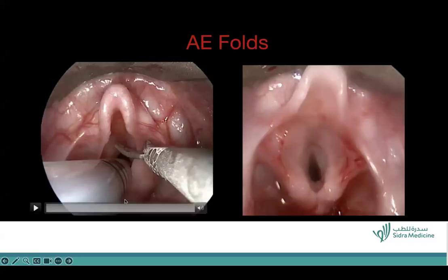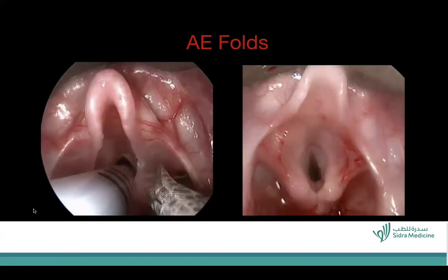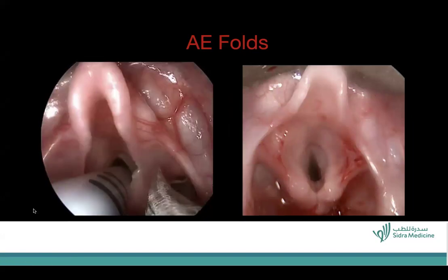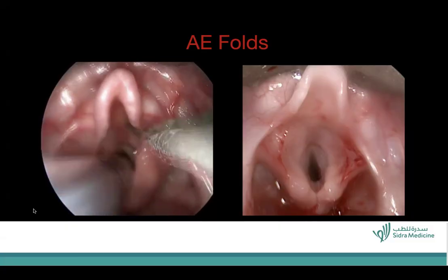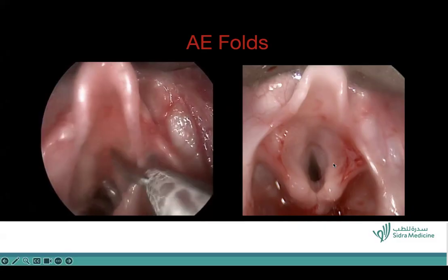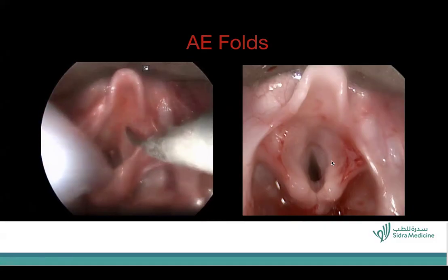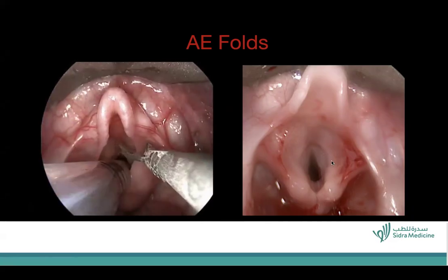So you would first release the aryepiglottic folds. This is done under endoscopy, as you see, via the mouth. And just by doing that, as you can see with the next picture, you're already seeing what that does to the larynx. It already starts opening it up and giving you more supraglottic patency.